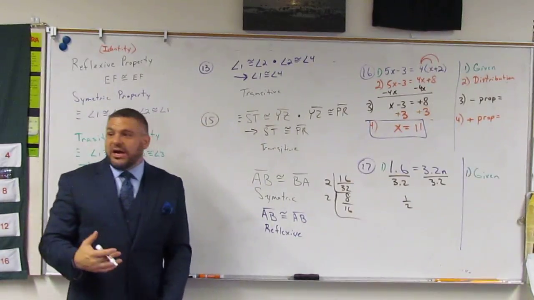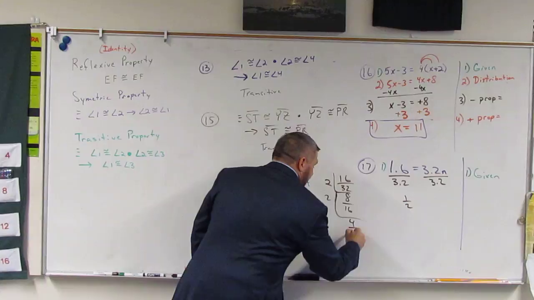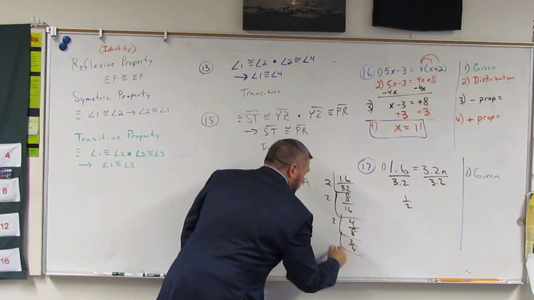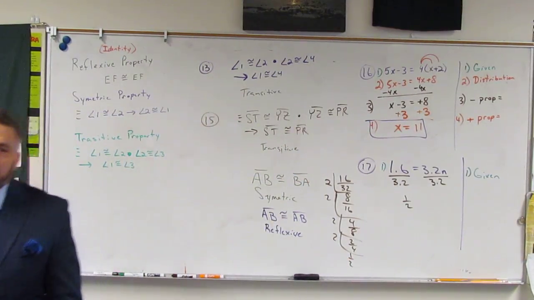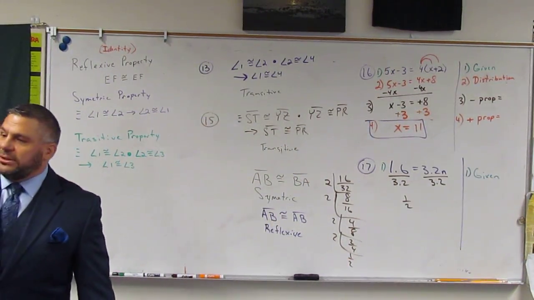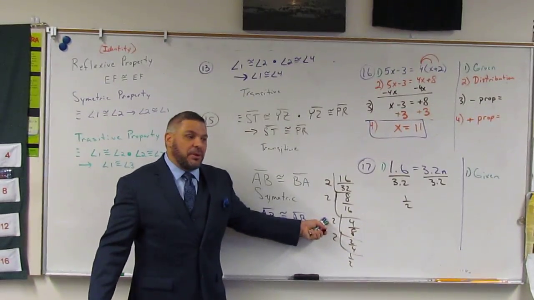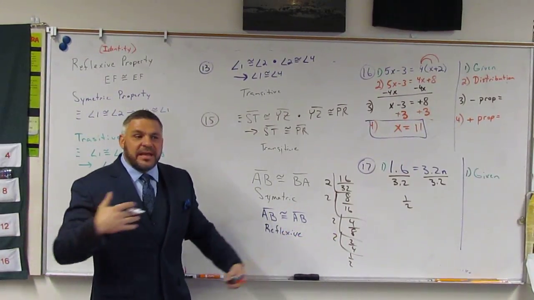You can use your prime factorization, right? So 4 and 8, 2 and 1 and 2. You can use simple numbers to get to your bottom number. If you realize 4 goes into both of them, use 4. You see what I'm saying? Make it simple for yourself.